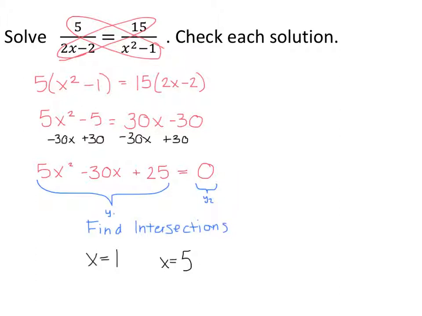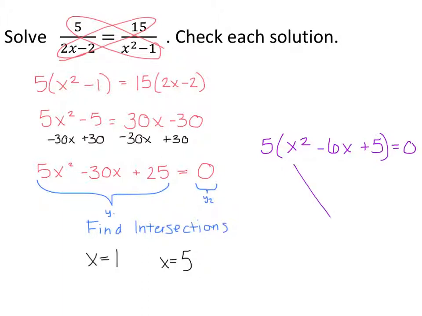All right, so you look at what's common between these three, which is a 5. So you'd have a 5, and that would leave us with x squared minus 6x plus 5 equals 0.